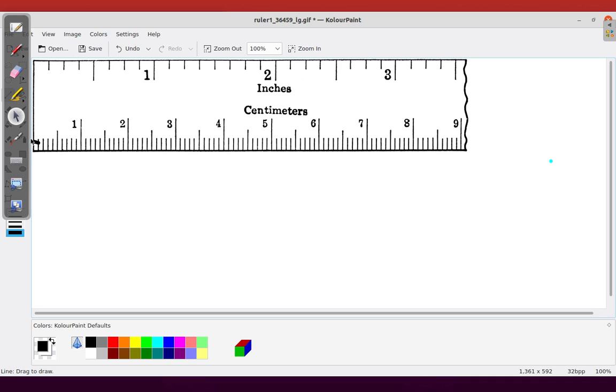Remember, mil means 1,000. So they call this a millimeter. 1,000 years makes a millennium. 1,000 of a meter is a millimeter. Or 1,000 millimeters makes a meter.